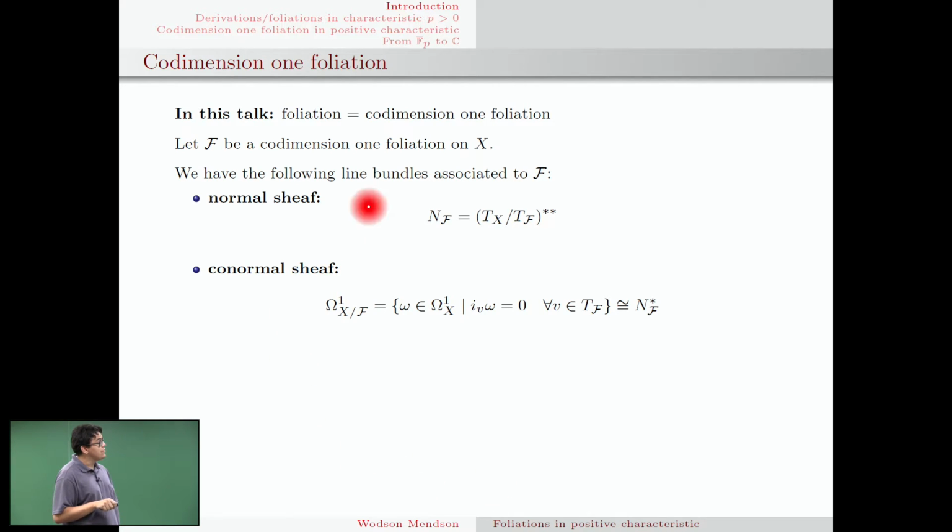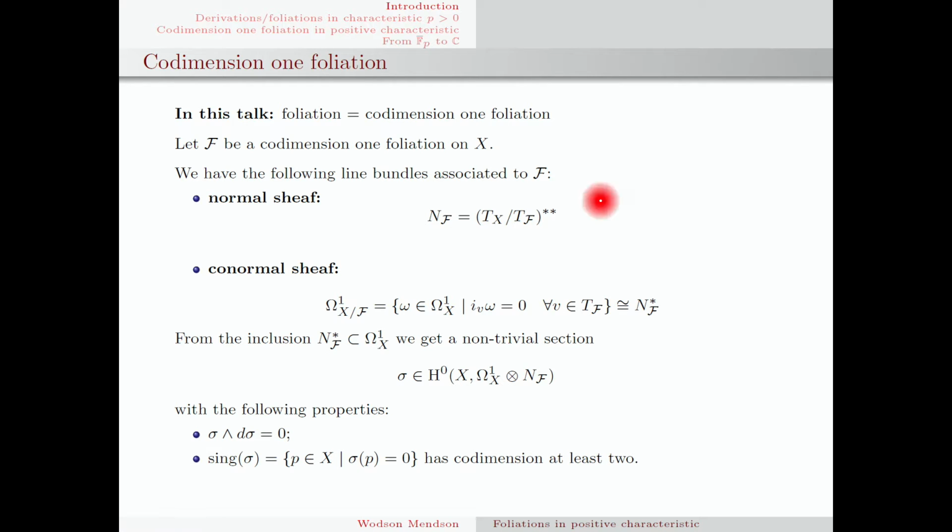The normal sheaf is defined as the double dual of this quotient. And the conormal sheaf is the set of 1-forms that vanish when we contract with elements of the tangent sheaf of the foliation. And you can see that this is isomorphic to the dual of the normal sheaf.